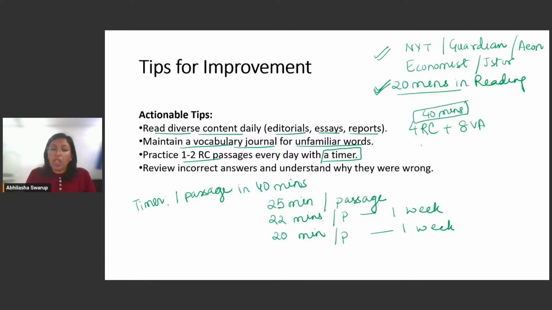If you do 1 RC in 8 minutes, in the exam you will do it in 10 minutes. So you will be able to do all 4 RCs, which means 16 questions, and crack it. So we must get into the habit of doing 1 RC in 8 minutes. Reduce your time from whatever it is to 8 minutes.